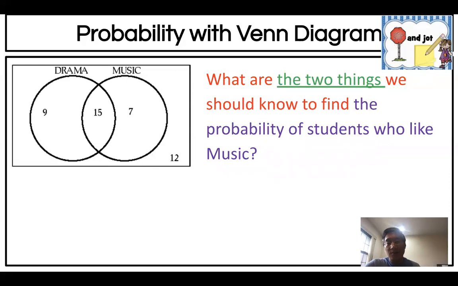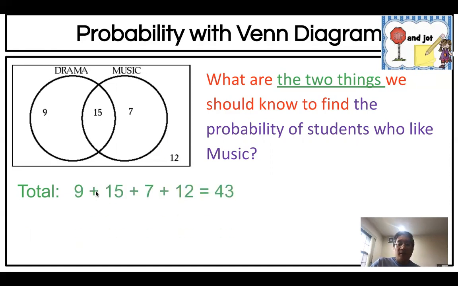So only two things you should find out to get the probability: numerator and denominator. The numerator is the favorable outcome you want to get. Denominator is simple, total. So what is the total? You add up 9, 15, 7, 12, which is 43.